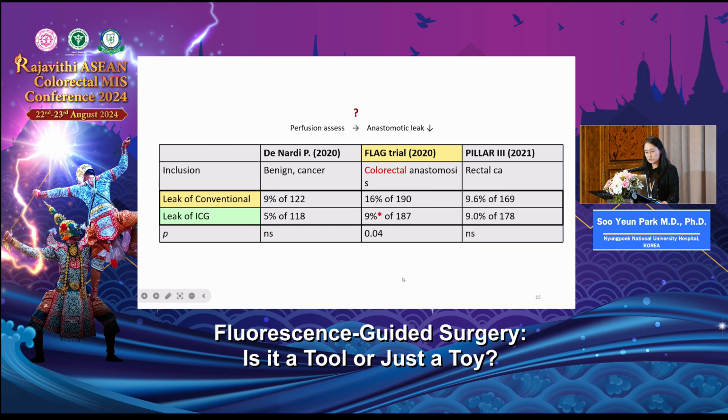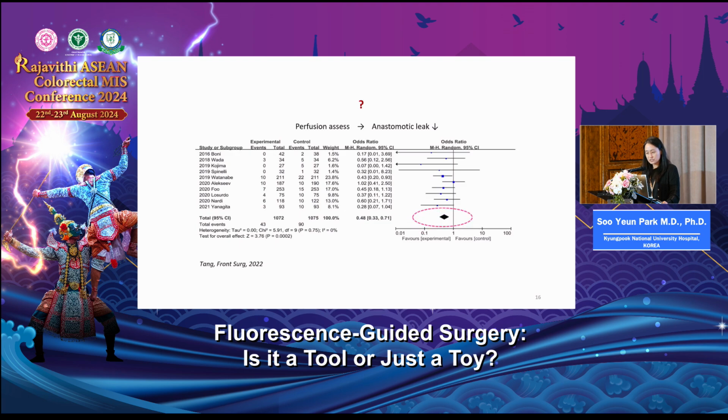But the FLAG trial, which evaluated the safety of colorectal anastomosis using ICG, showed an improvement, reducing the anastomotic leak rate from 16% to 9%. And in this meta-analysis, we can also see that ICG fluorescence imaging to check the perfusion can decrease the anastomotic leak rate.